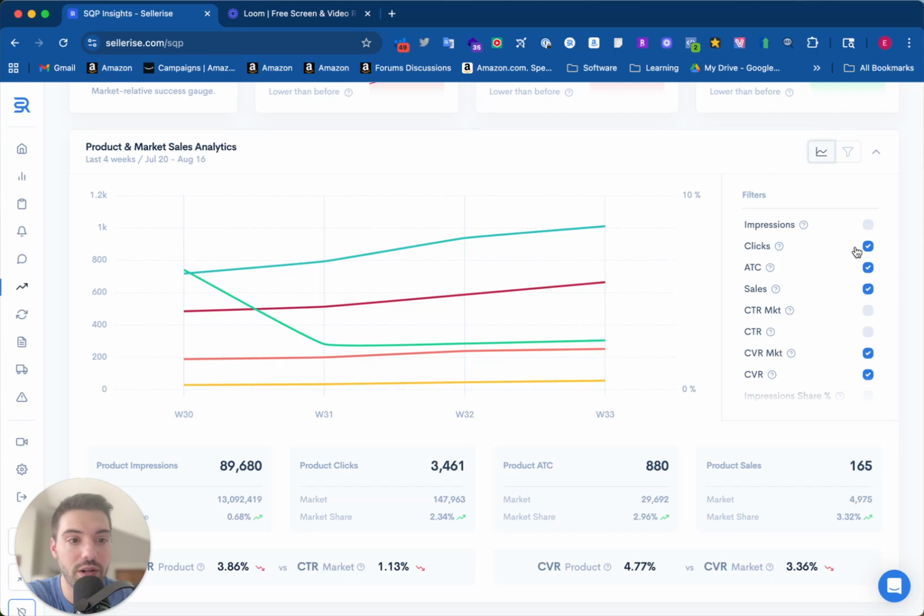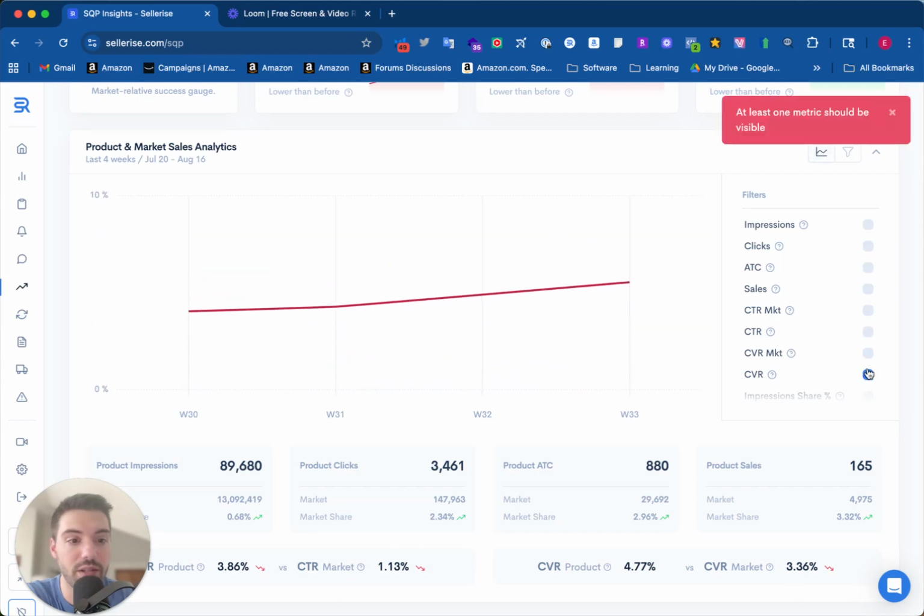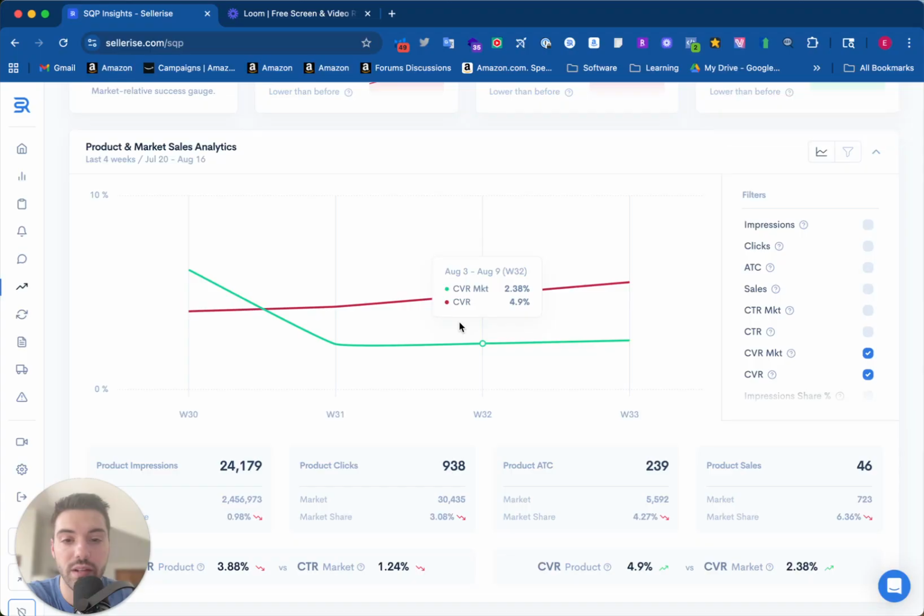So this chart is also an easy way to see our impressions over time, and then just to compare the CVR of the market versus our CVR. So you can see at one point, we were below the CVR of the market, and now we've gone to be above the CVR of the market.